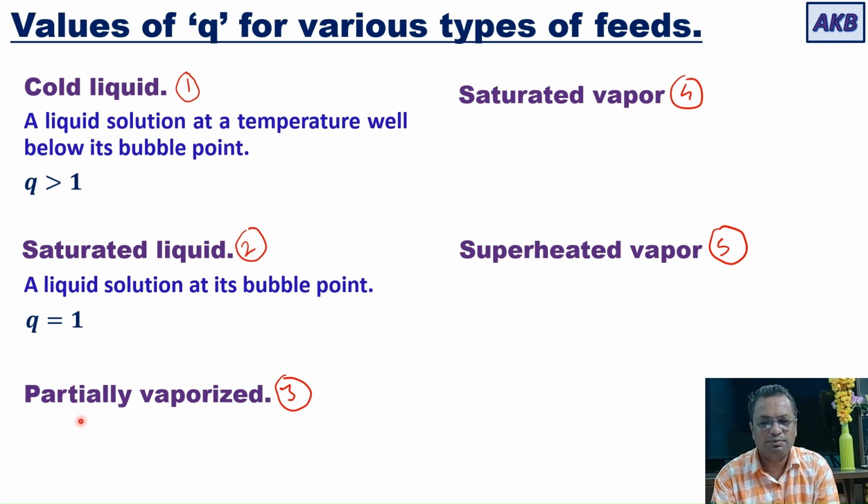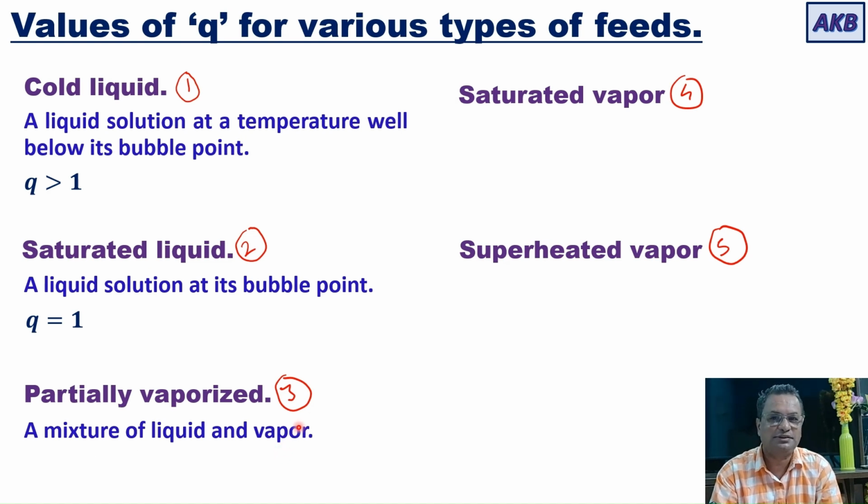Then partially vaporized feed is a mixture of liquid and vapor phases. So some part of the feed is vaporized, while the remaining part is in the liquid state. And for this type of feed, Q will be less than 1, or to be more correct, Q will be between 0 and 1.